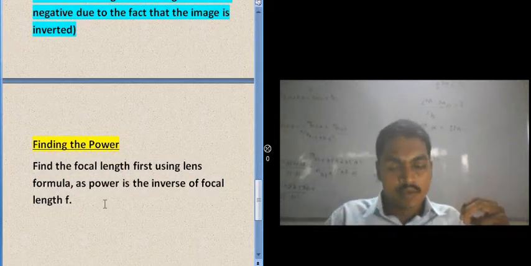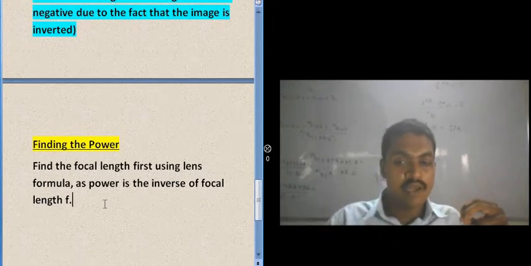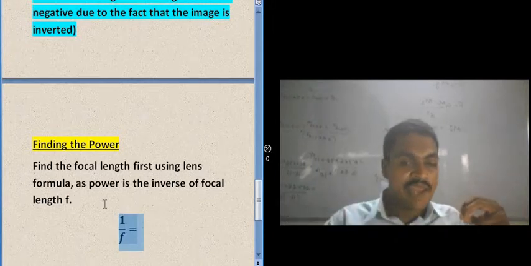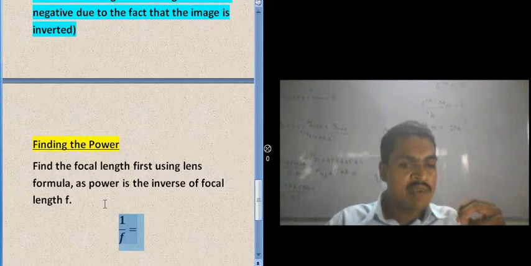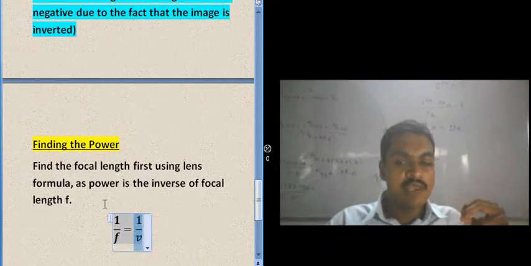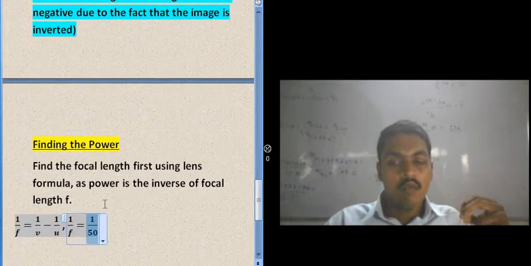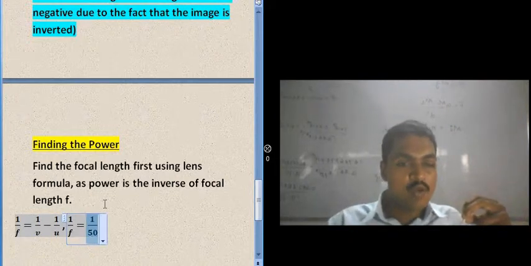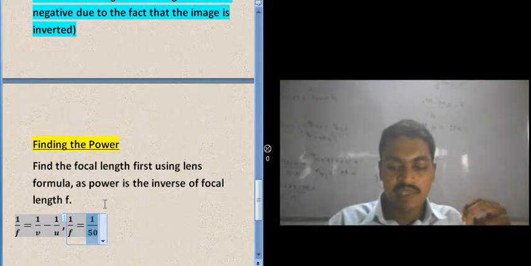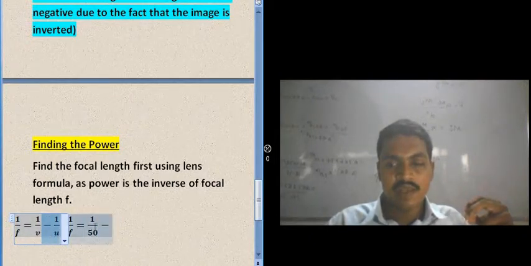So for that you have to find the focal length using the lens formula, which says 1 by f equals 1 over v minus 1 over u. So you know your 1 over v is 1 over 50, because v is 50 centimeter, minus, this minus comes from the equation, minus 1 over u.